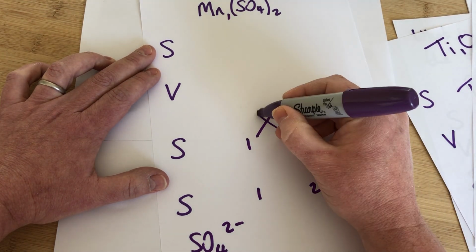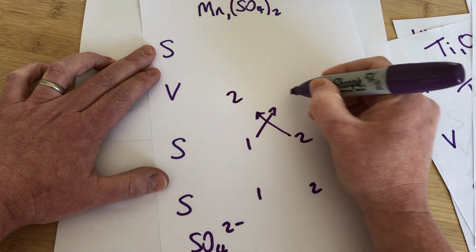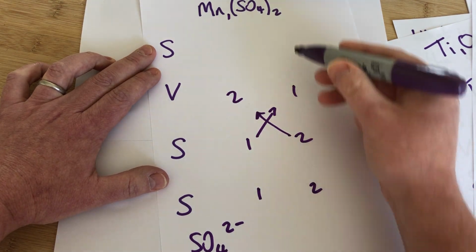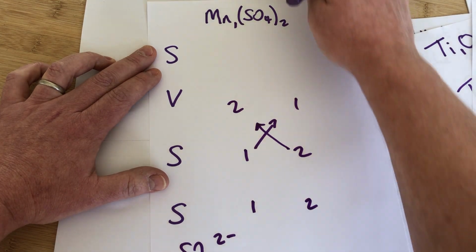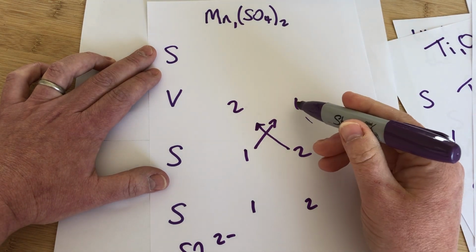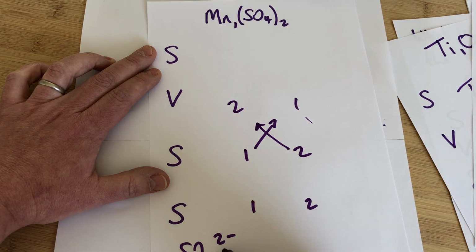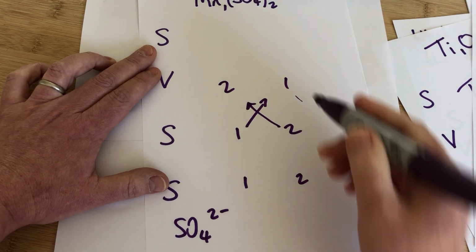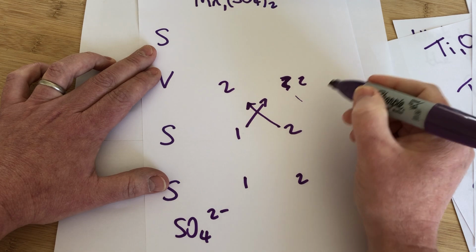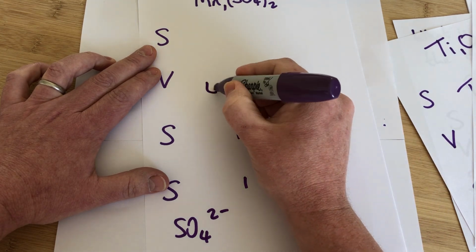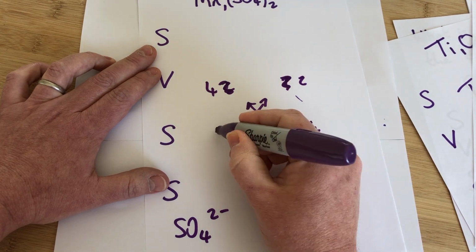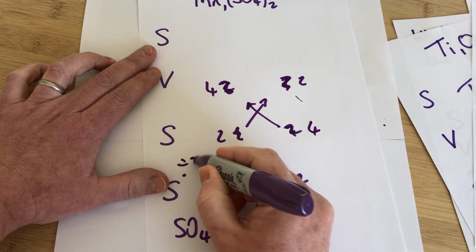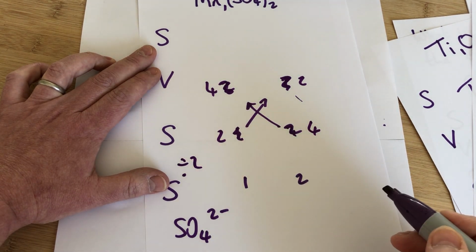Bring it up here, bring it up here. 2 and 1. So this suggests that sulfate is valency 1, but we know it's not valency 1, we know it's valency 2 here. So that must be a 2. So that must be a 4. And then those two numbers will cancel to 1 and 2.